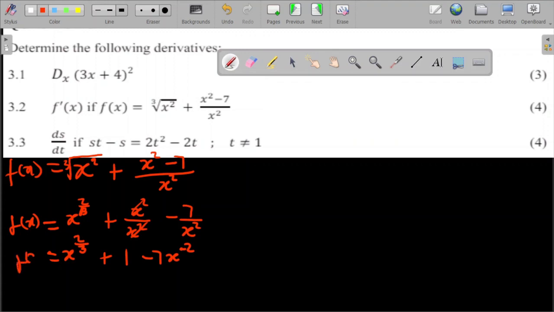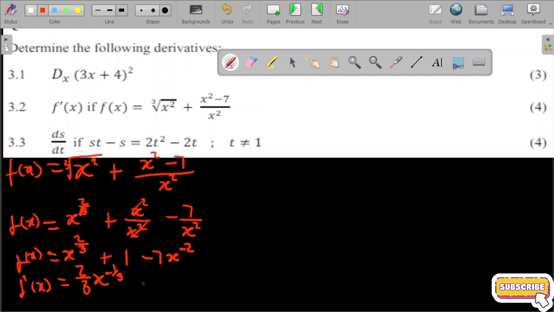Now it's time for me to do the derivative. So deriving this, it's just going to be 2 over 3 x, and then what is 2 over 3 minus 1? It's just negative 1 over 3, and then the derivative of a constant is just 0. So I'm going to multiply this and this, negative 7 times negative 2, just positive 14, and then x to the negative 3, negative 2 minus 1, going to be minus 3.